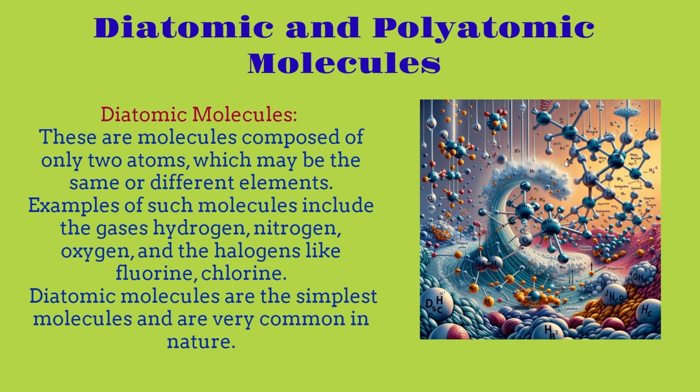Diatomic molecules are the simplest molecules, and they are very common in nature. For example, O2 or H2. They have two atoms, which can be different or the same elements.